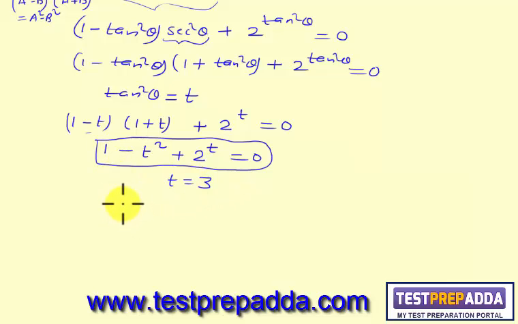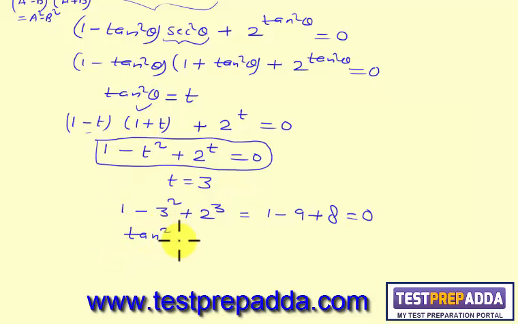If I write here, it becomes 1 minus 3 square plus 2 to the power 3, which is equal to 1 minus 9 plus 8. So it is 0. So this equation is true if t is equal to 3. And if t is equal to 3, t is what? Tan square theta. So I can write this as tan square theta is equal to 3.